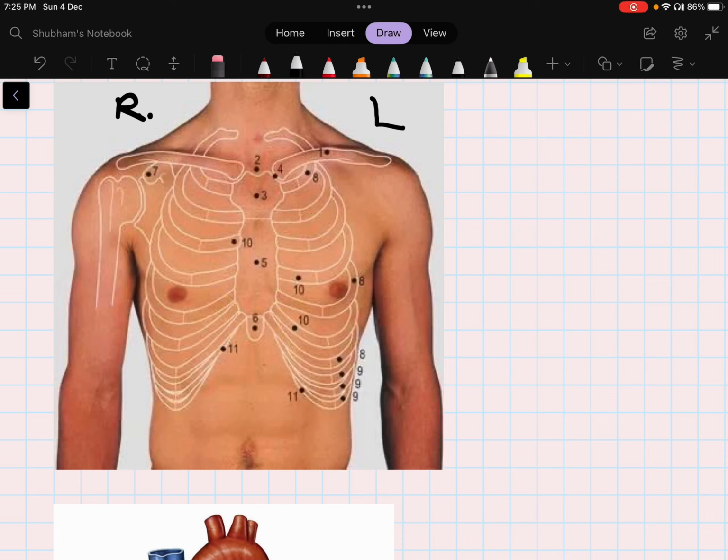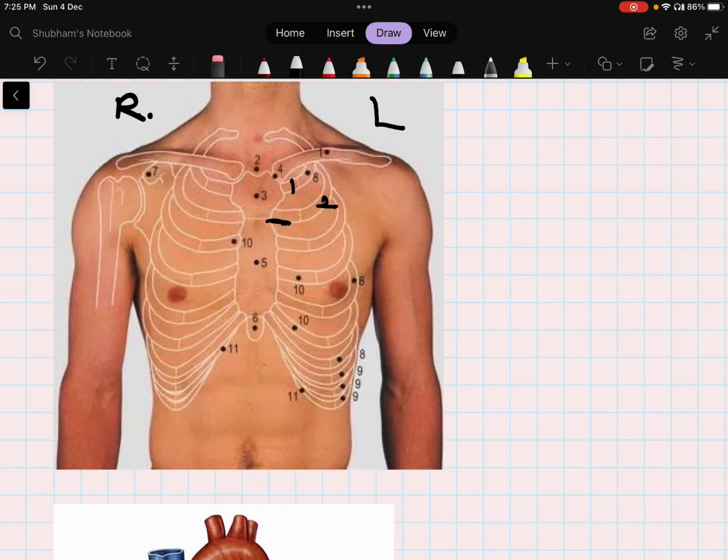Okay. So let's say the superior border of the heart is, say this is the first rib, this is the second, going to be the inferior border of the left second rib, or you can say the left costal cartilage. Just around here.